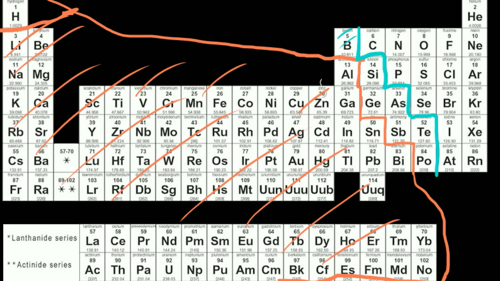They're all shiny, they're all malleable, they're all ductile, they all conduct heat, they all conduct electricity. One of the things that we'll talk about a lot in the future is they all are electron donors, I think, except maybe I'll have to check on whether or not bismuth is.